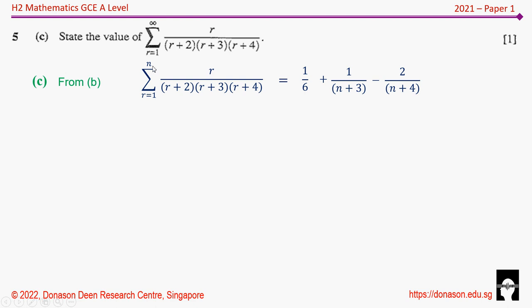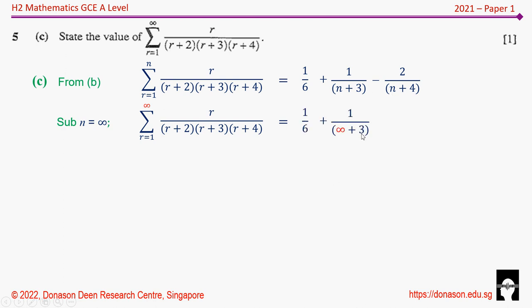The only difference is that n has become infinity now. So I'm going to replace the n on the right hand side with infinity. So I'm going to have 1/6 plus 1 over infinity plus 3 minus 2 over infinity plus 4, right? So that's what we end up getting.